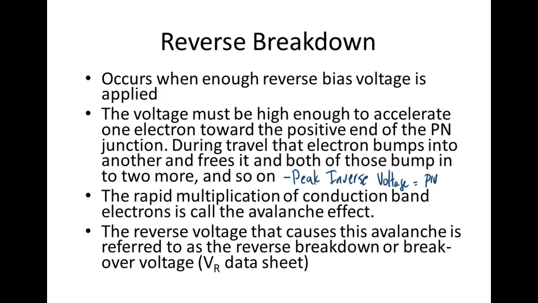If you break over a regular p-n junction diode in the reverse bias direction, there's probably a 99% chance it's going to be damaged. It's not going to act like a diode. It might start acting like a resistor.